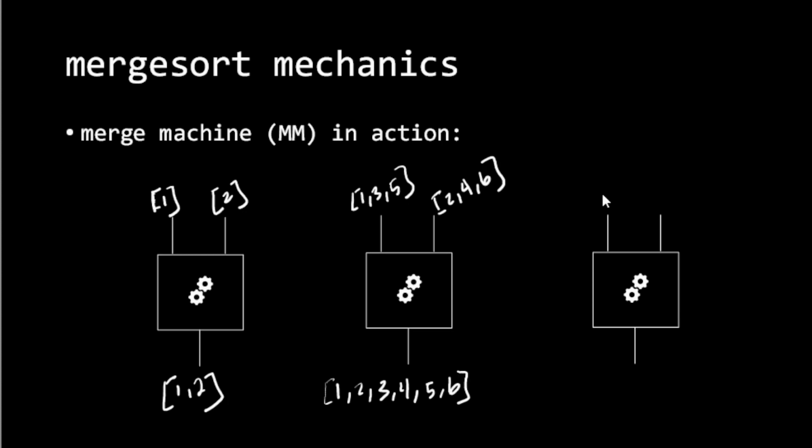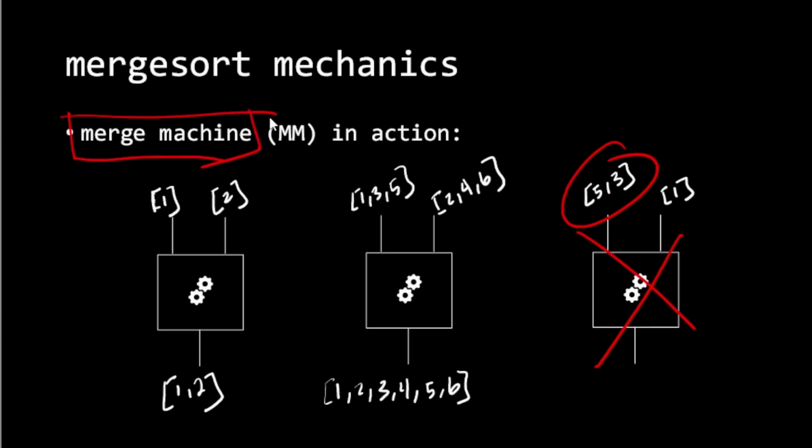Very importantly, if you have a non-sorted sequence like this and a sorted sequence like this, then this machine is no good. This won't work because this is not in sorted order. The merge machine will only take 2 sorted sequences, S0 and S1, and output a sorted sequence at the end.